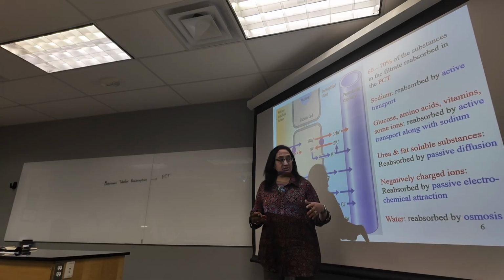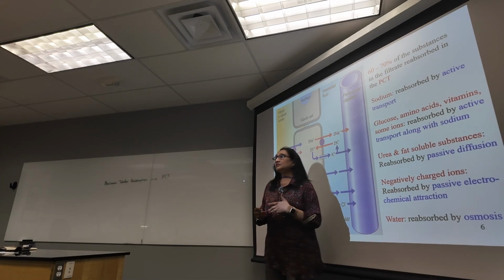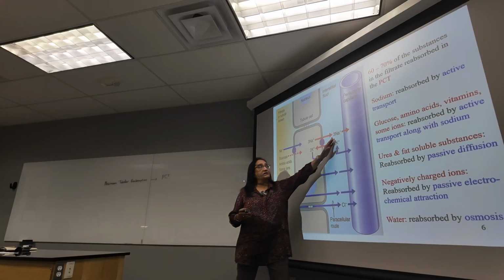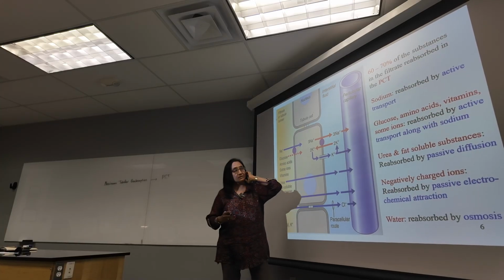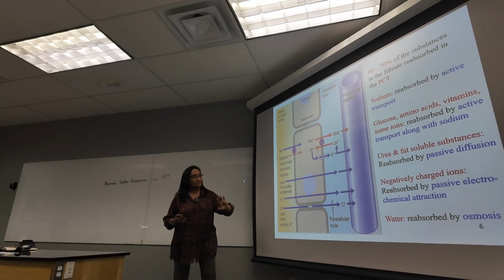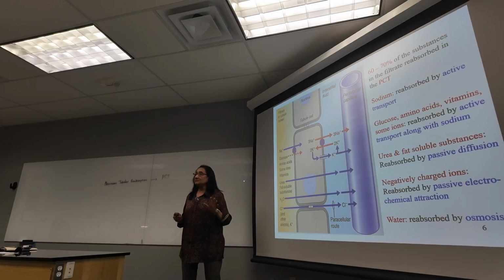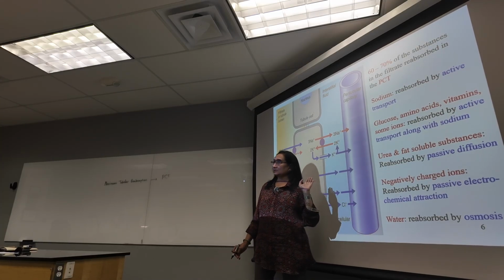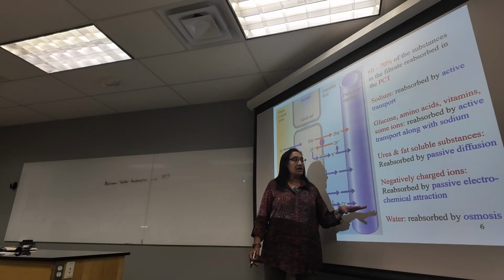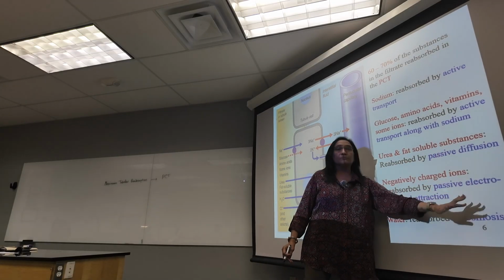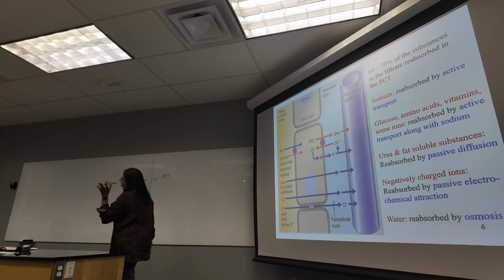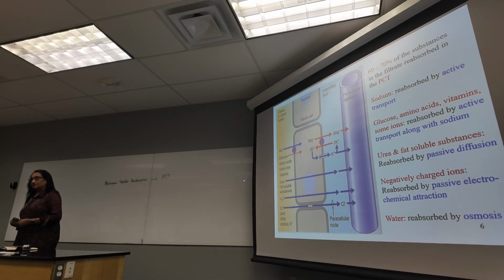Water is osmosis, and negatively charged ions like chloride usually get attracted by the positively charged ions that are reabsorbed. So this slide is important in the sense it tells you some of the important things that are reabsorbed and the mechanism of transport. So keep this summary, this slide, when you are studying for this.